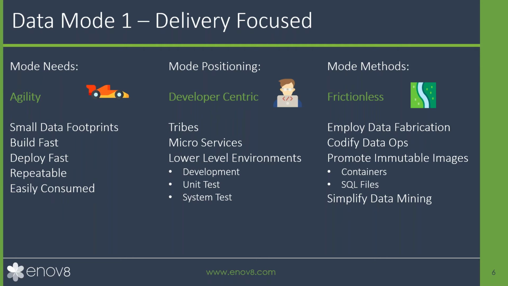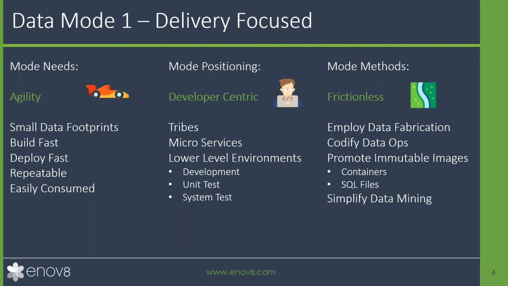It's about enabling teams or tribes. It's more laser-focused, addressing the needs of a microservice or story. And it naturally gravitates or lends itself to lower-level test environments like development, unit, and system test. Basically environments where the people or teams can get the job done with minimal fuss and minimal collaboration.